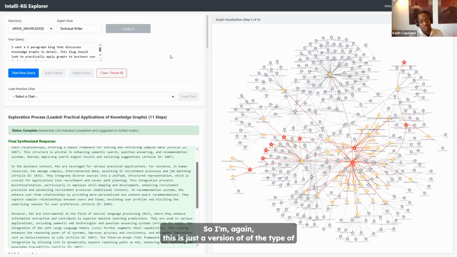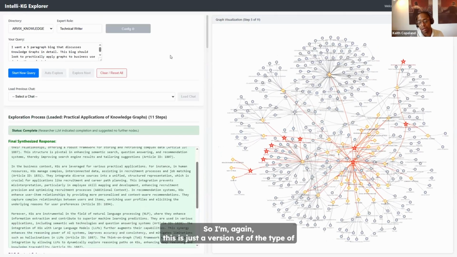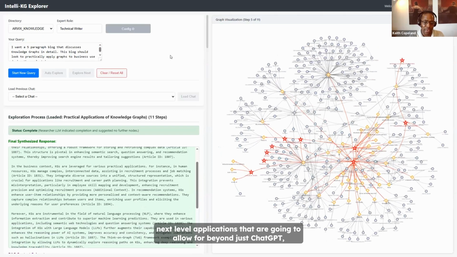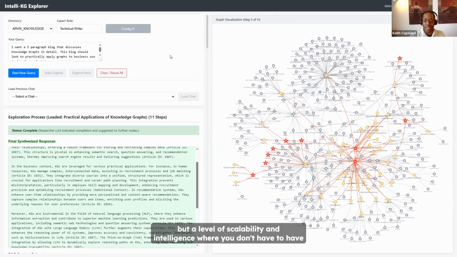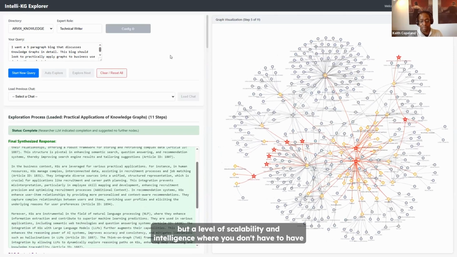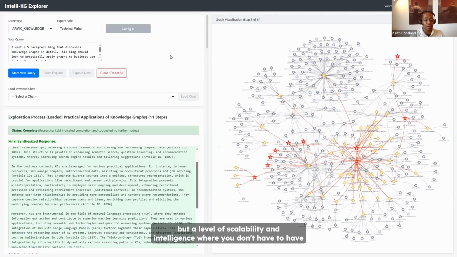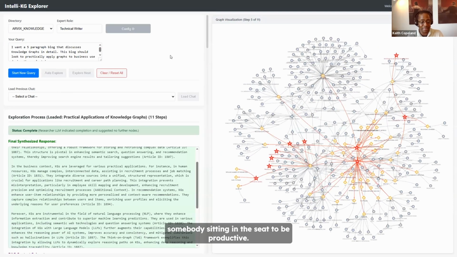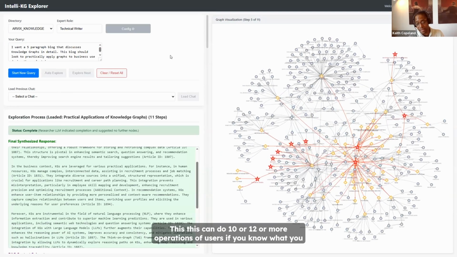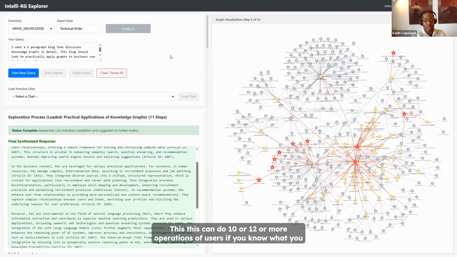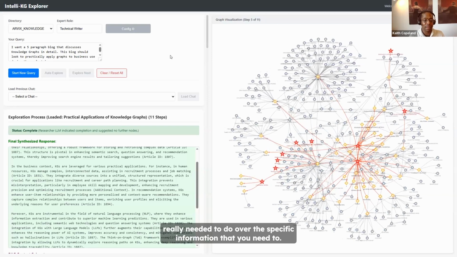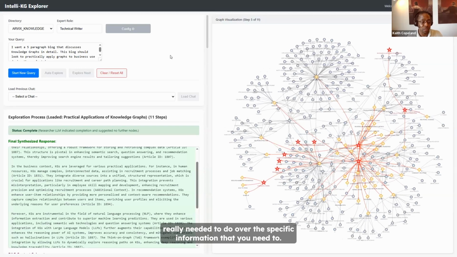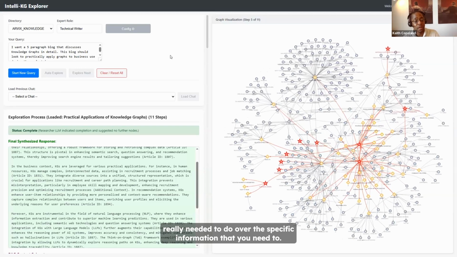So again, this is just a version of the type of next level applications that are going to allow for beyond just ChatGPT, a level of scalability and intelligence where you don't have to have somebody sitting in the seat to be productive. This can do 10 or 12 or more operations of users over the specific information that you need.